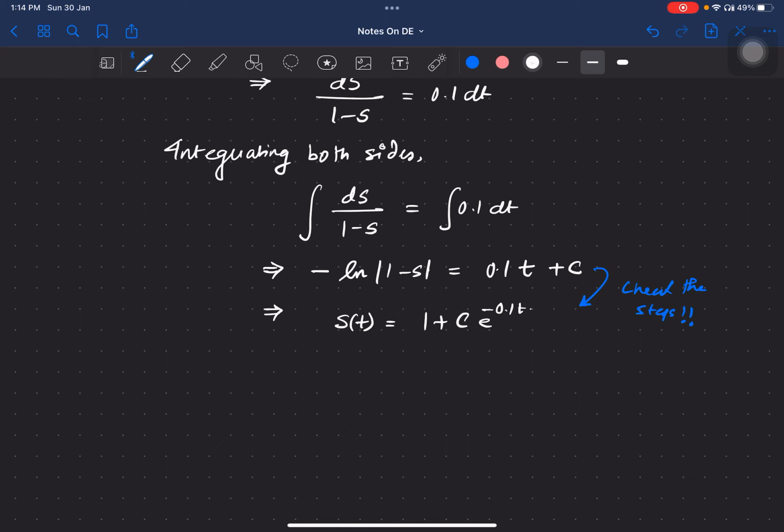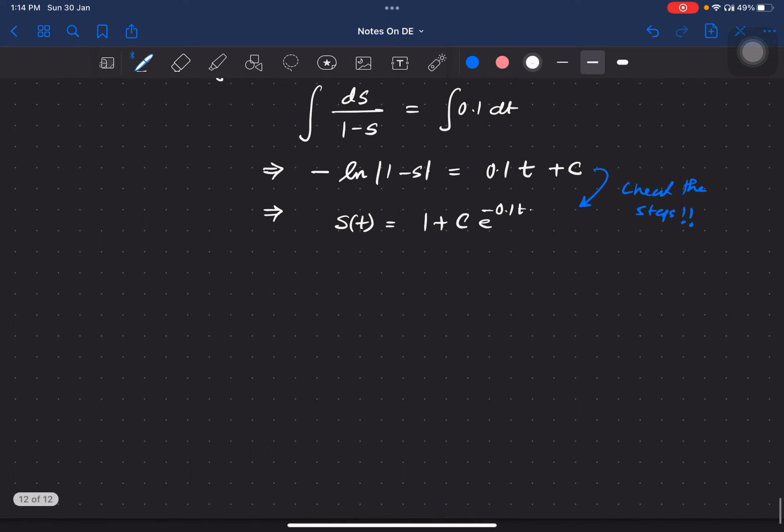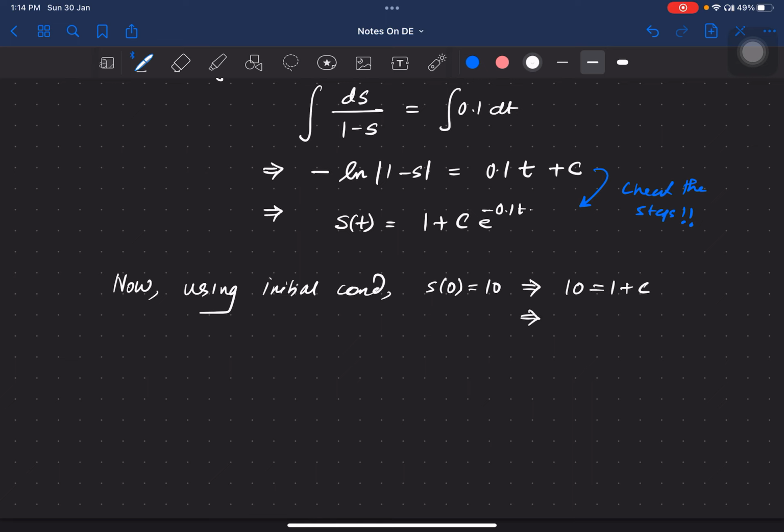Okay, now using the initial condition S(0) equal to 10 implies 10 equal to 1 plus c. So c equal to 9.